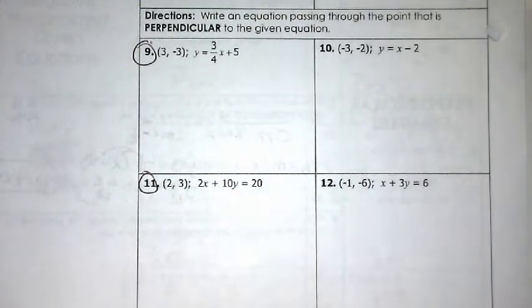So if I have a positive 3/4, what's the opposite? Negative 4/3. So where you have the 5 should be the negative 4/3. The 5 goes nowhere. It's the b. We don't care about the b. And then in your parentheses, your y minus your y1, what's the value of your y1? Positive 3 or negative 3? Negative 3. So when I substitute, I got to make it a positive. So it should be y plus 3 equals negative 4/3 times x minus 3.